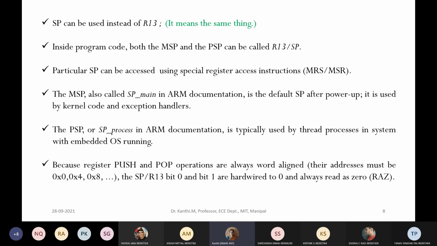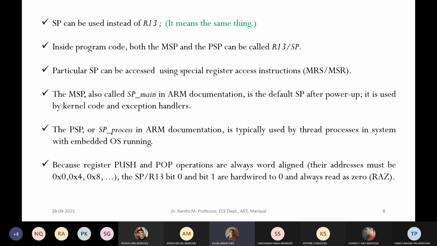Either you specify R13 or say SP, both are the same. Inside your program code, both the main stack pointer and the process stack pointer are called R13 or stack pointer. You don't give separate MSP or PSP. It is just SP.